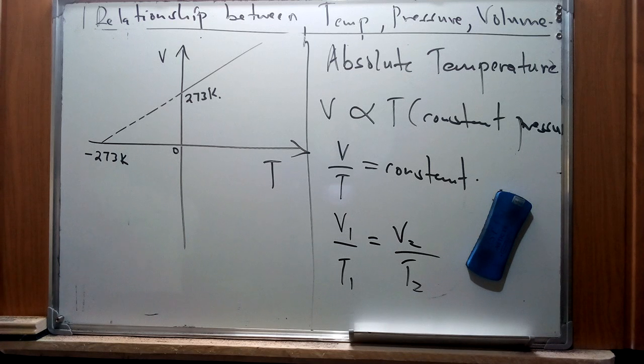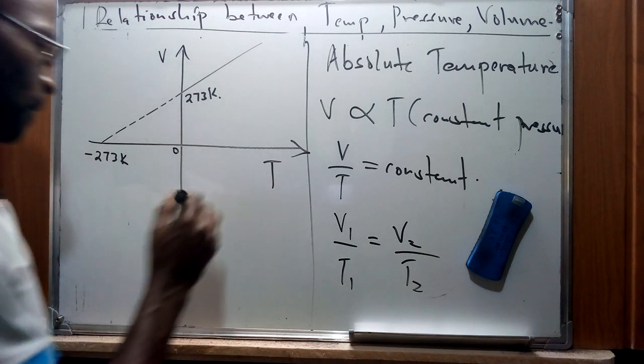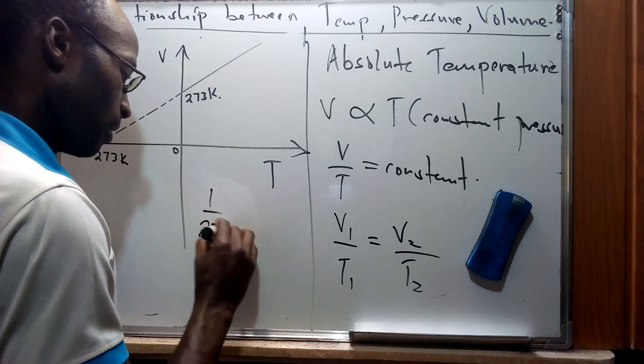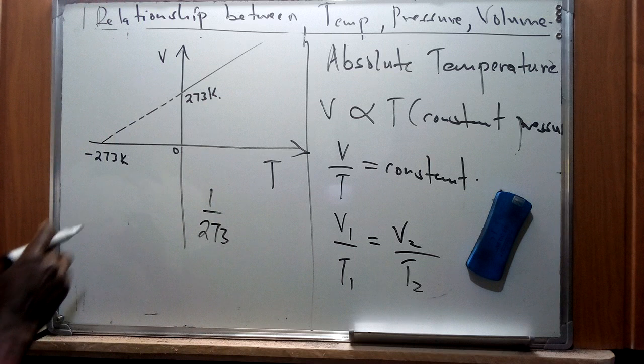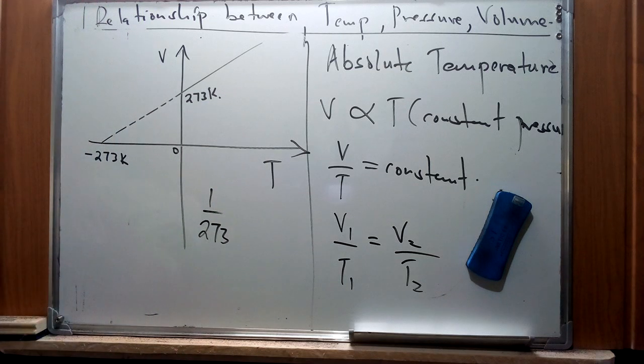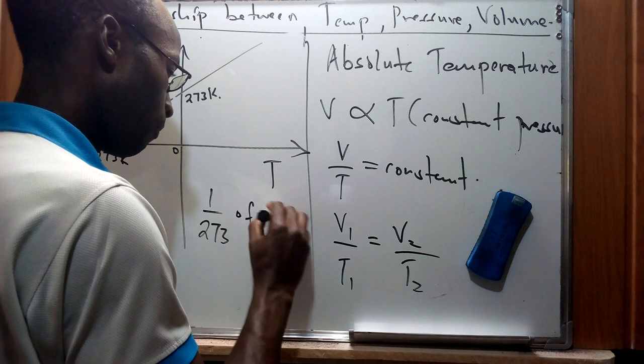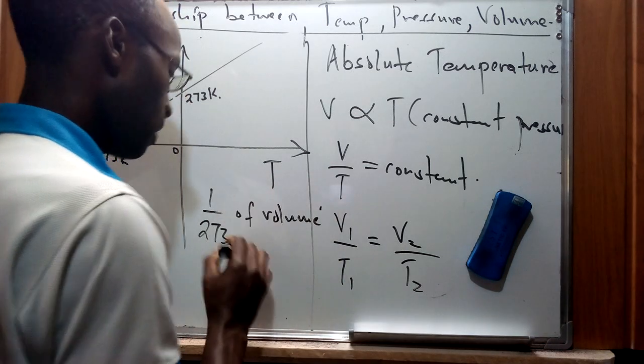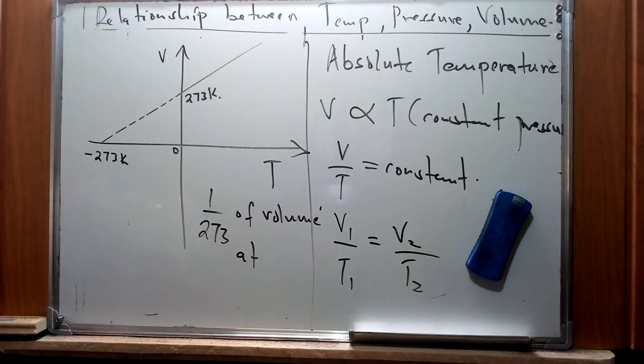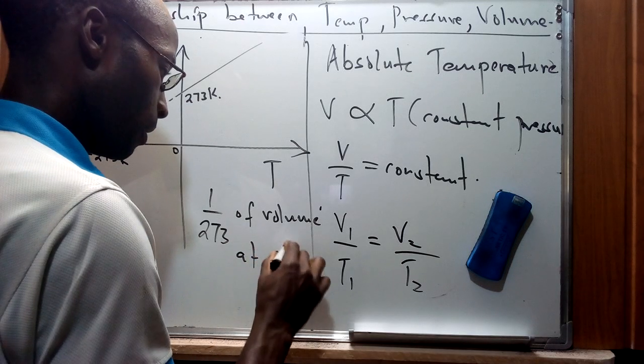So this basically shows that a fixed mass of a gas expands and contracts using this specific scale. So this is a fraction of a contraction of a gas in terms of volume at 0 degrees centigrade.